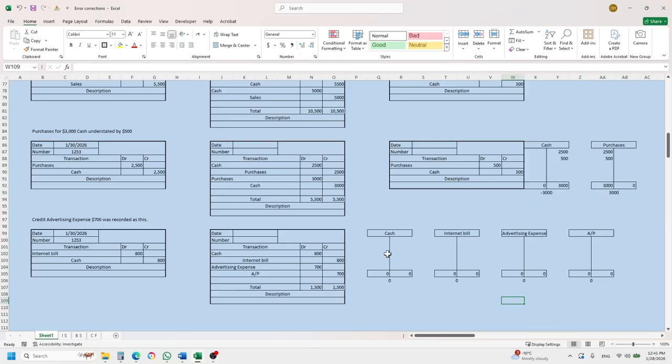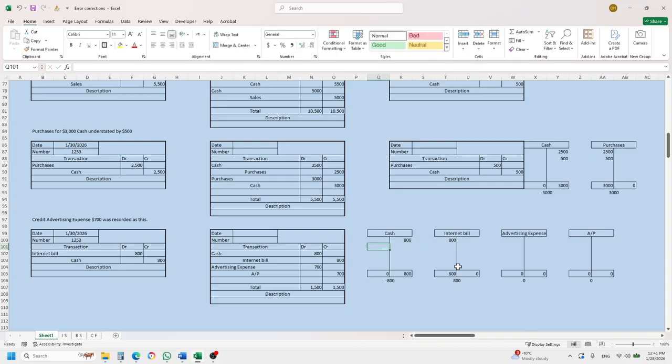In this one, the cash and internet bill should be 0, advertising expenses and accounts payable should be 700. What is debit, debit, what's credit, credit. So at the beginning, we put debit on internet bill 800 and cash 800.